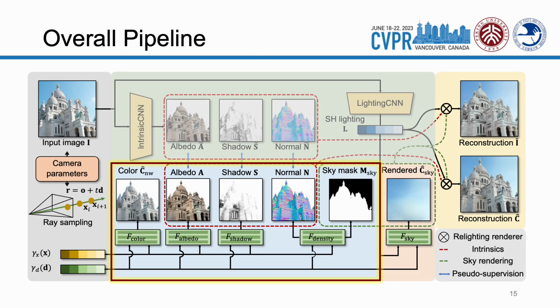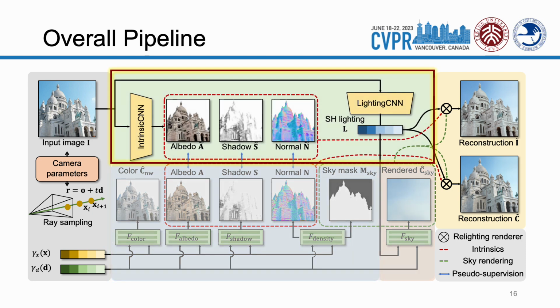We now summarize the overall pipeline of our method. We build intrinsic-based NeRF from collected outdoor scenes, and recover the albedo, shadow, and normal for each 3D point. We generate pseudo-labels from fixed neural radiance fields and propose 2 CNN modules: intrinsic CNN for albedo, shadow, and normal estimation, and lighting CNN for spherical harmonics coefficients estimation.